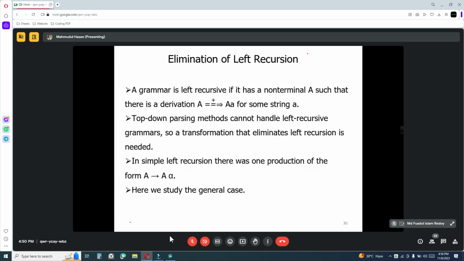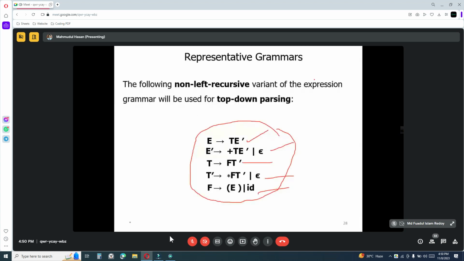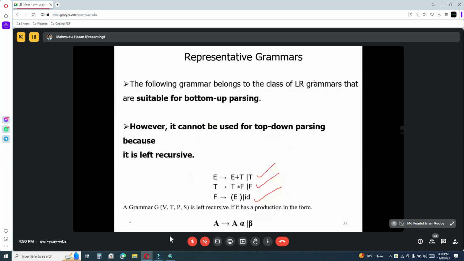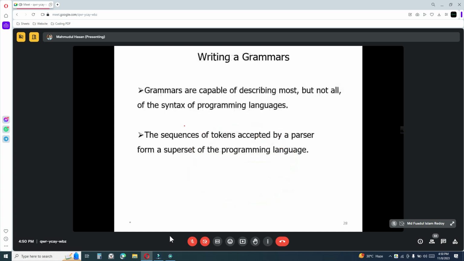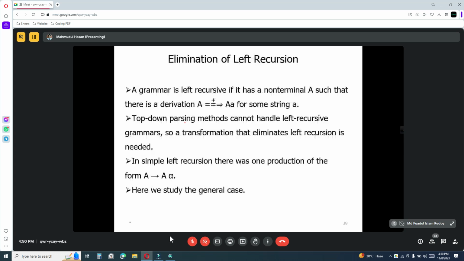In the last slide I drew a figure like this, so there is a possibility of an infinite loop. That's why it's a problem. I will draw that again. So we can consider this one.